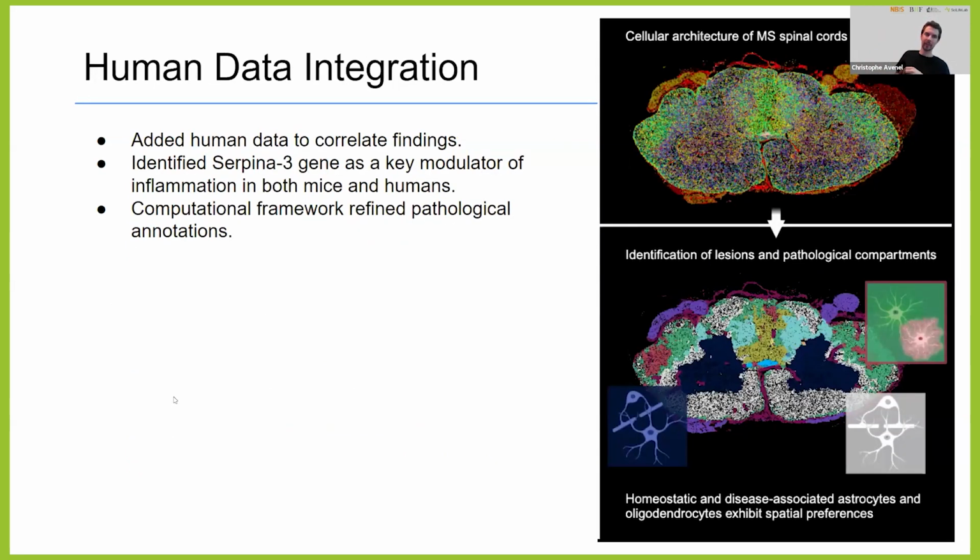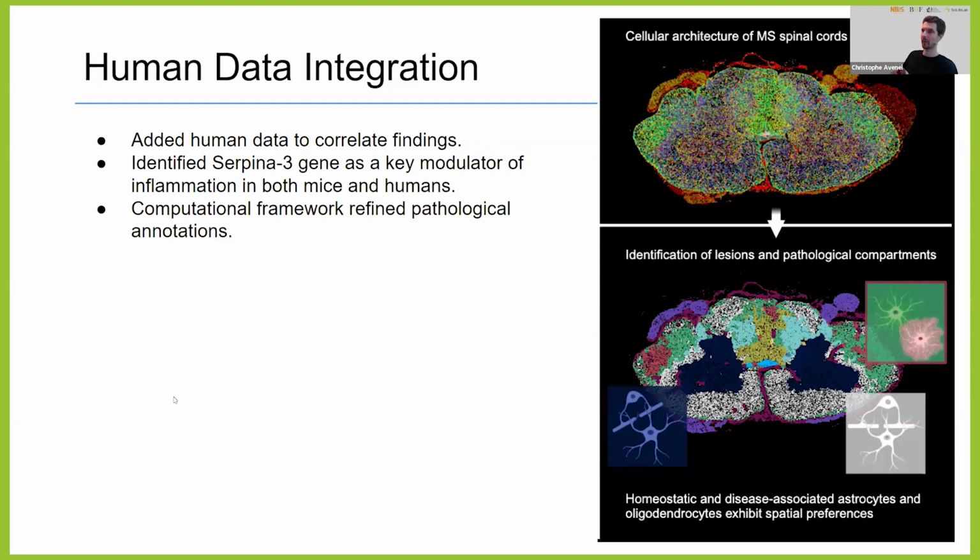In parallel to that, they had also similar in situ sequencing done on human samples with multiple sclerosis, so that they could correlate the findings in the mouse model to real human data.